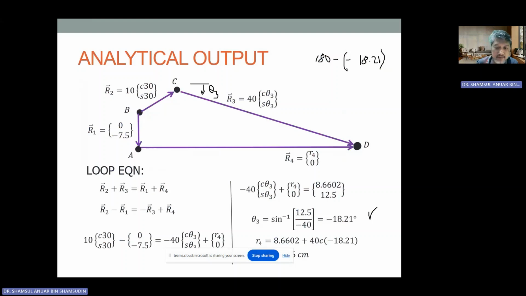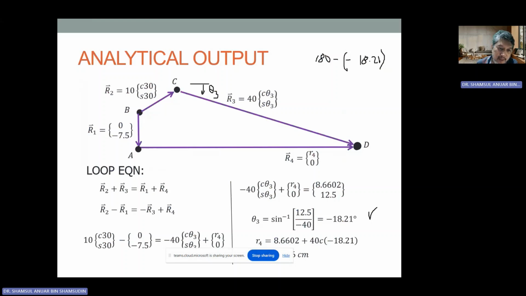So 18.21 seems to be correct. The other option that we can get is 180 minus this value, so it'll be something like 200.21, close to that, and it is going to be pointing this way.